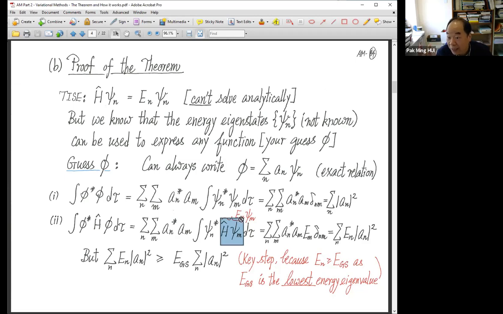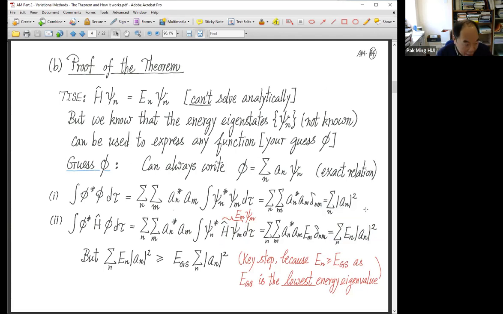We don't know any actual value of that, but mathematically we know. This is a real number, take it out from the integral. Again, we pick up the delta function that will kill one sum, and we have this. So formally, we have the numerator and the denominator.